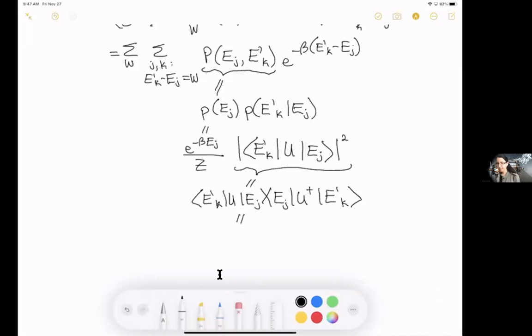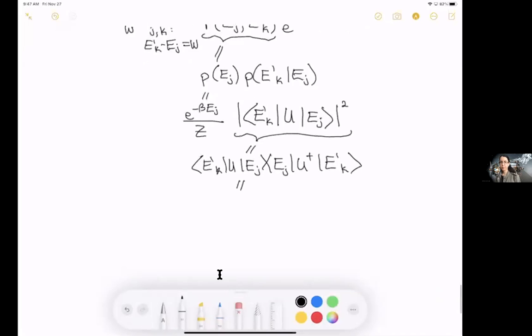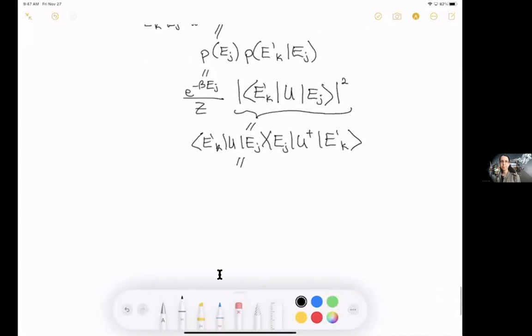We will rewrite that as a trace for future convenience. A trace of the outer product of e prime k's, times our unitary, times the outer product of e j's, times u dagger. Let's substitute all that.